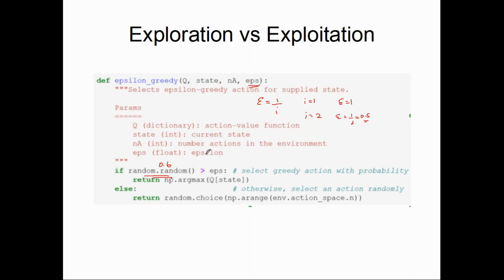In the first iteration, number 1, the epsilon value is greater. Compared to this random value, in that case it will take a random action.